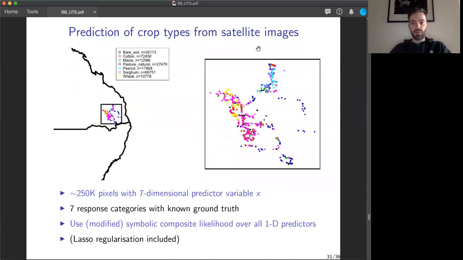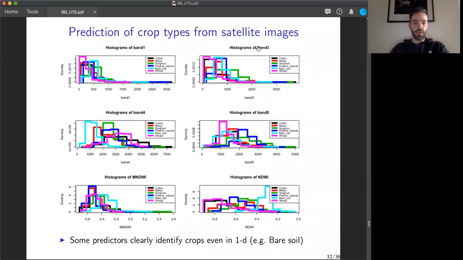So we're going back to our example here. We have our 250,000 pixels, we have 7 responses, and we're going to use the one-dimensional predictors that are going to be aggregated into univariate histograms. And we're going to include a lasso regularization in the model. So just a few plot representations.